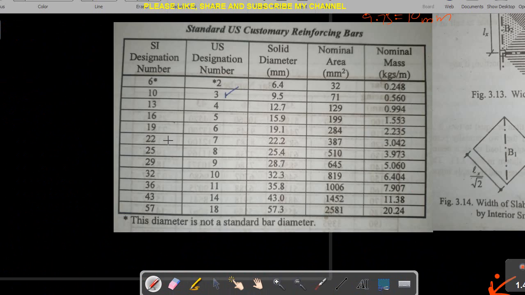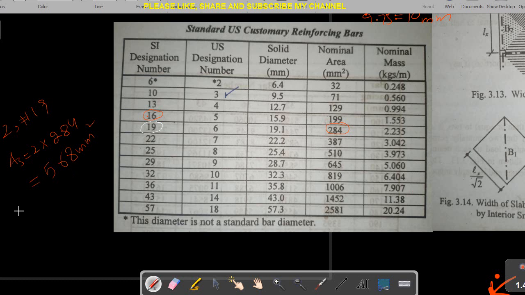And so if I use this 19 mm bar and this 16 mm bar, right? If I use two number 19 bars, it will give me an area of steel of 2 times the area of a 19 bar, that is 284, which gives 568 millimeter square.